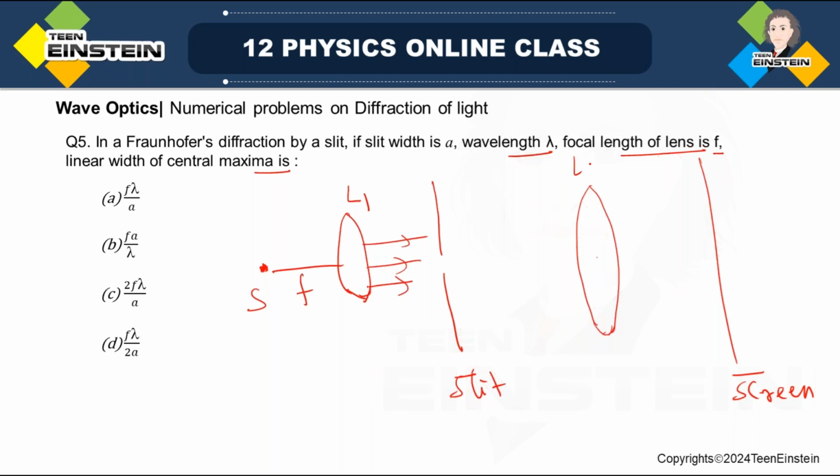After diffraction the rays will be parallel to each other, but we want them to meet on the screen. That's why the screen is kept exactly at the focus of the L2 lens.